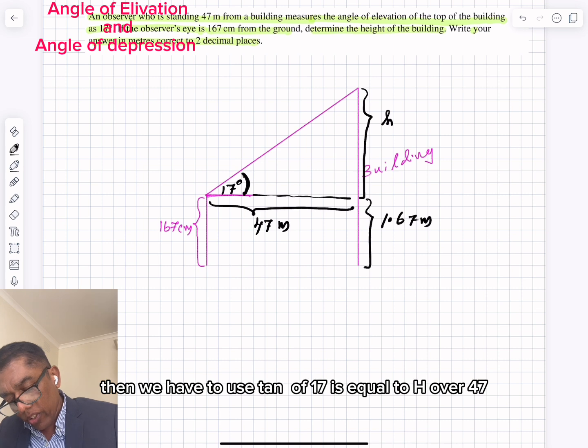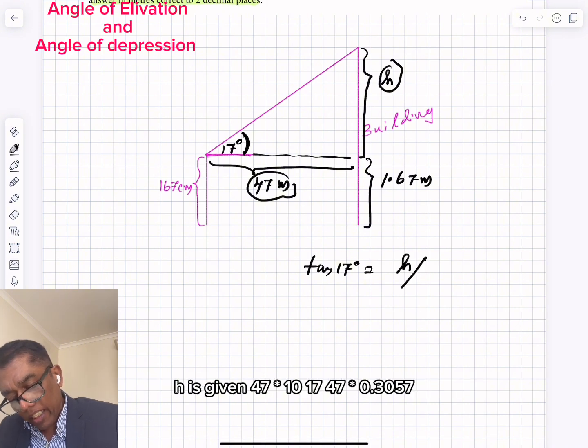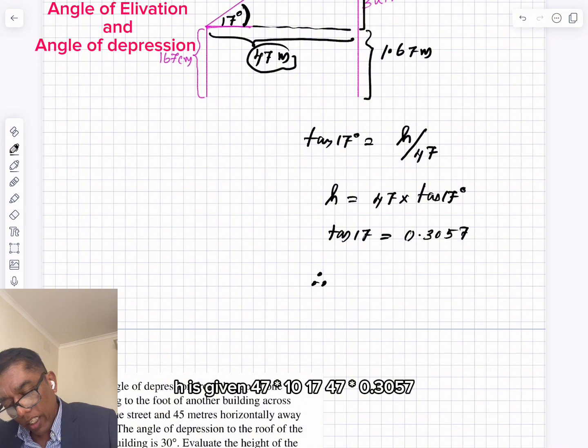Then we have to use tan of 17 is equal to h over 47. h is 47 times tan 17. 47 times 0.3057.